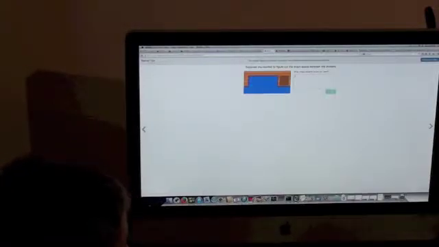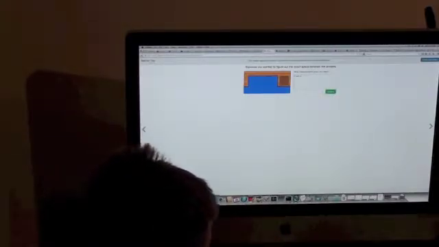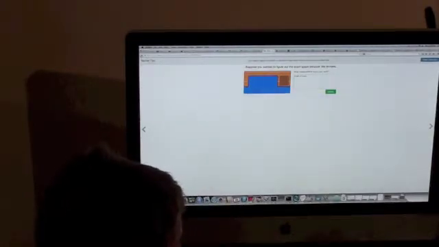Well, you need the length of the whole space.